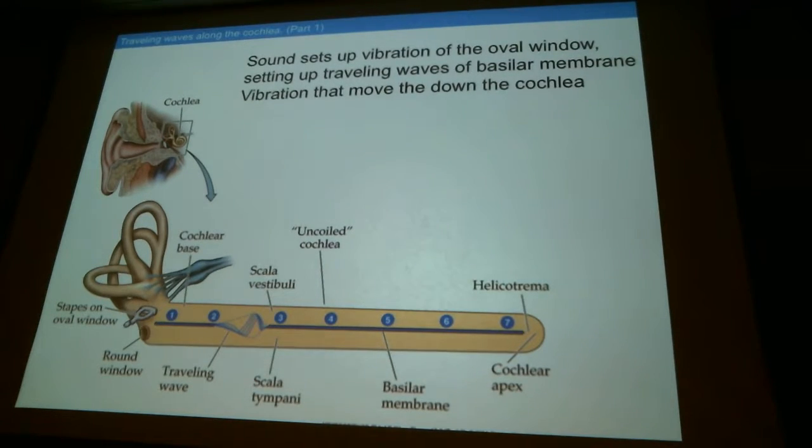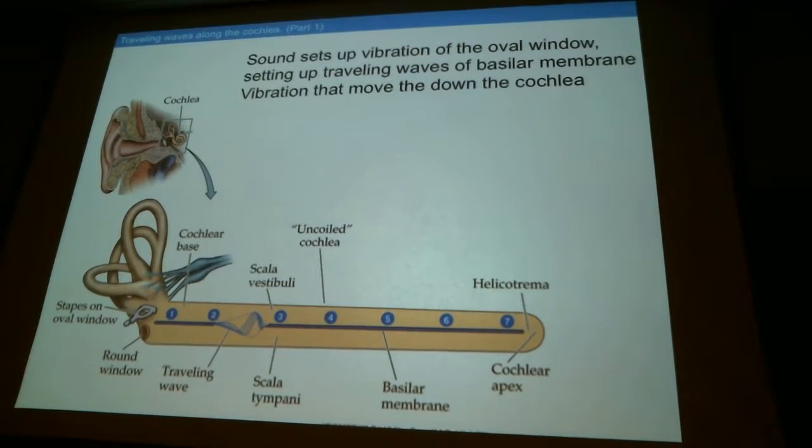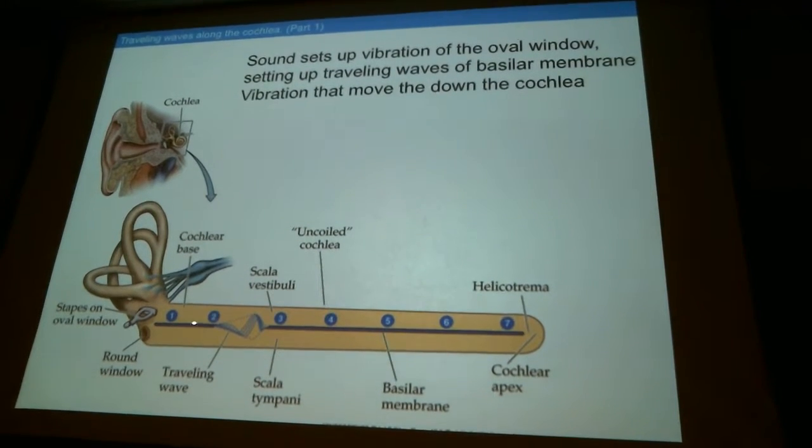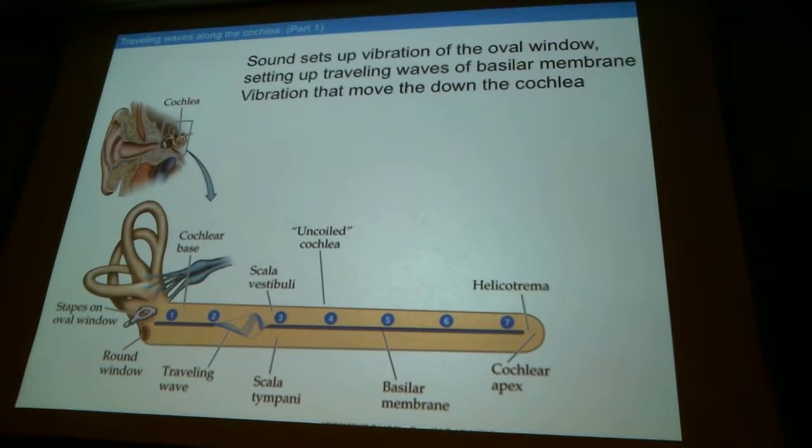The vibrations cause the basilar membrane to vibrate. It's really kind of a beautiful biomechanical system. There's nothing neural about this particular part of the system. It's just biomechanical. And so it causes a traveling wave of vibration to move along the basilar membrane.